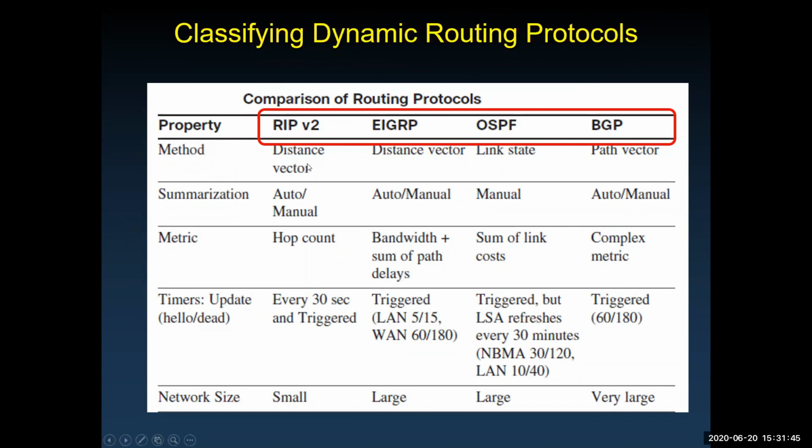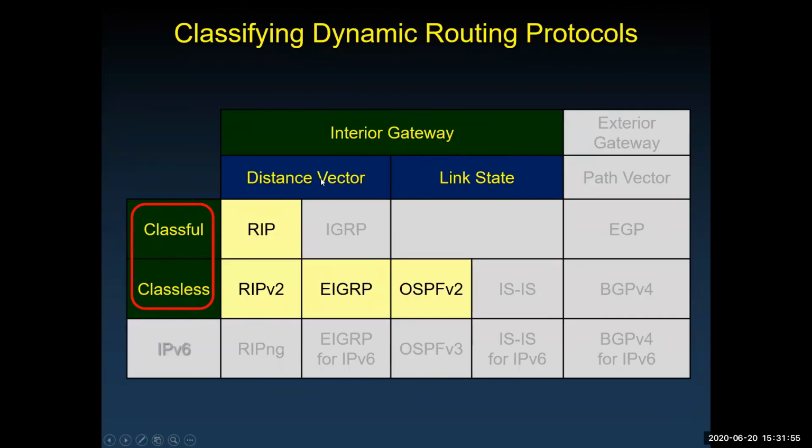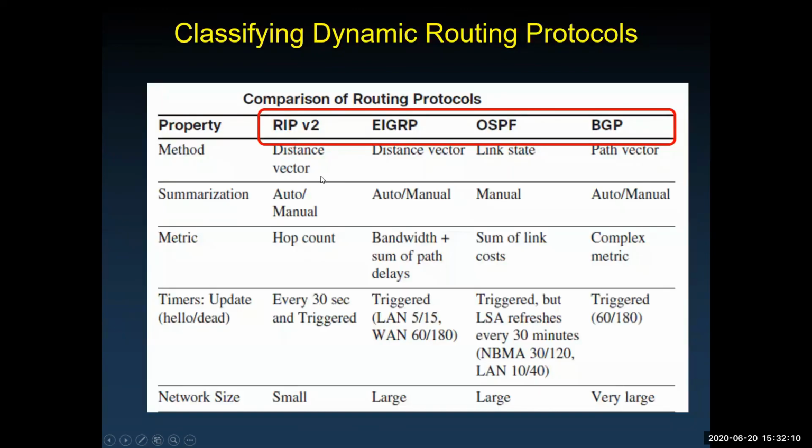Okay, so it's a distance vector, which means it has a metric called hop. So it has a metric, hop. Same with EIGRP, the metric is hop.